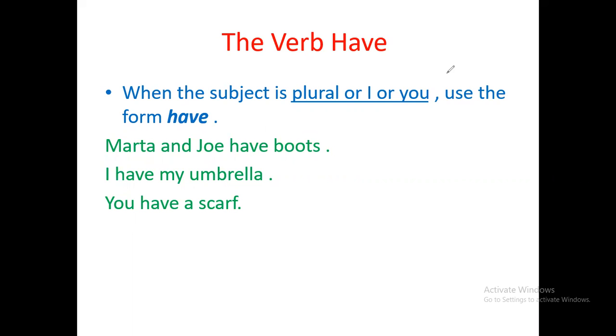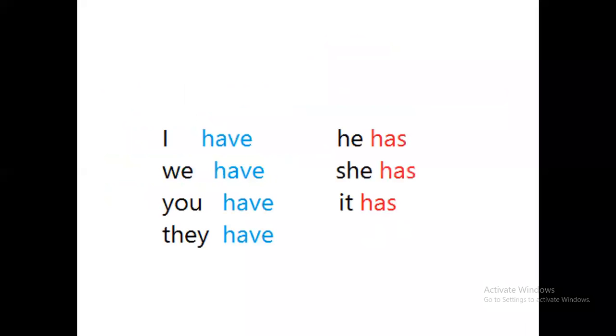Don't forget, we're going to use has with the singular subjects and have with the plural subjects. So let's revise. I have, we have, you have, they have. The third person, he, she, it has, and the singular subject.